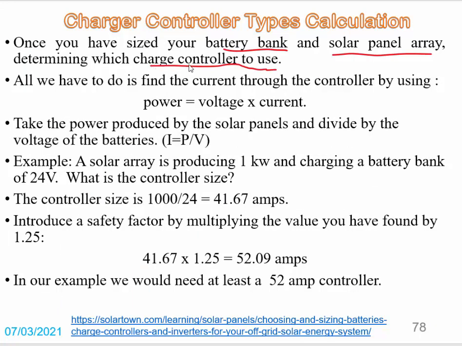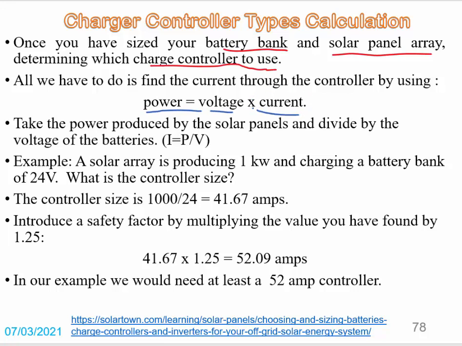After we choose the best controller for our system, let's say we choose the MPPT, now we are going to size the charger controller: which size we need for this system. To calculate the size, first of all, we know the relation: the power equals the voltage multiplied by the current.